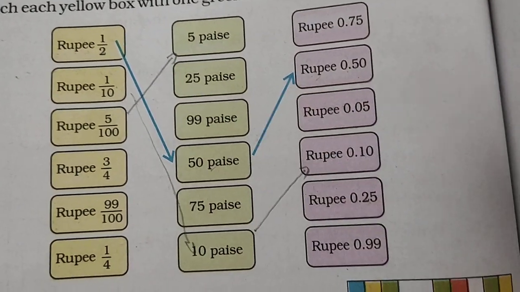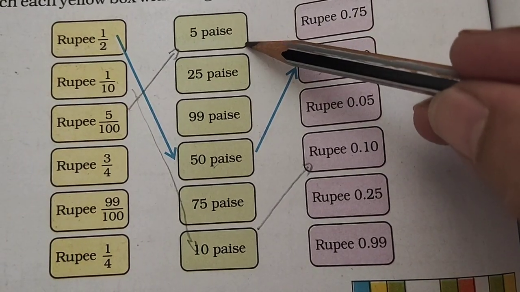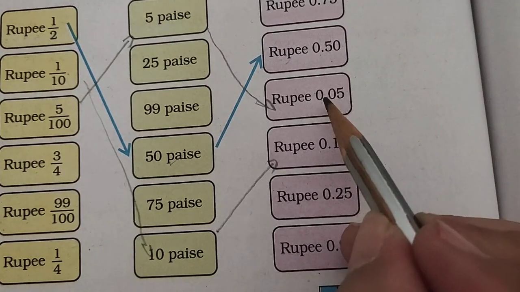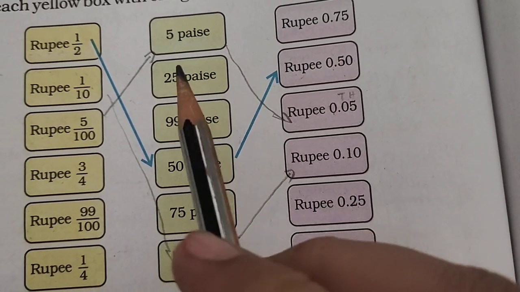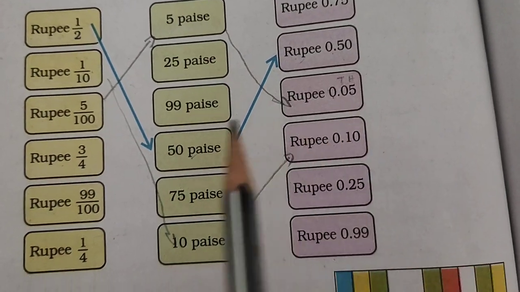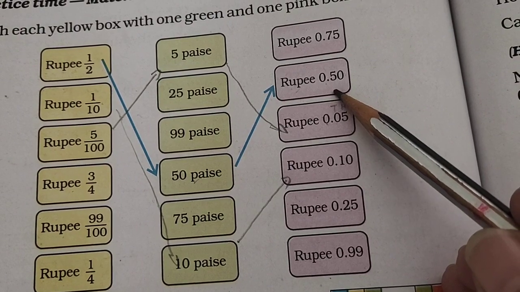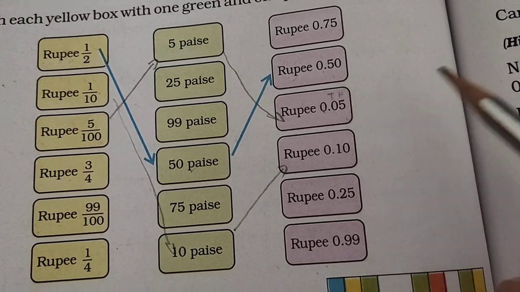And in rupees we can tell it as 0.05. See students, 0.05. Here is rupees, here is the 10th and here is the 100th. Because it is a single digit, it is a 100th part we are having. See students, we can also write 0.50 and 0.05. They both are different values.